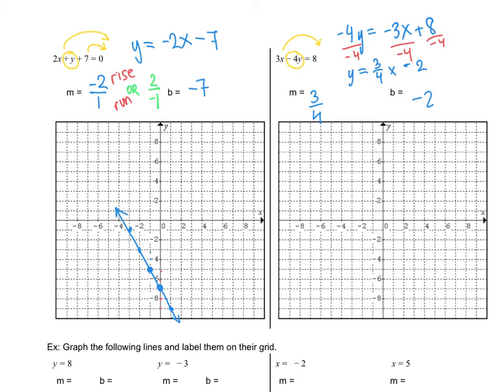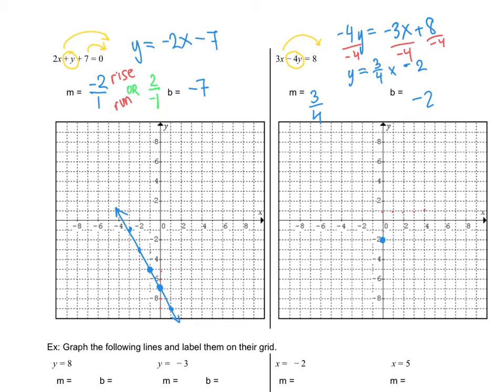So again, I want you to pause here, plot your points, come back to see if you were on the right track. So our y-intercept is -2, so here it is. And then I want to rise 3, 1, 2, 3, and run 4.